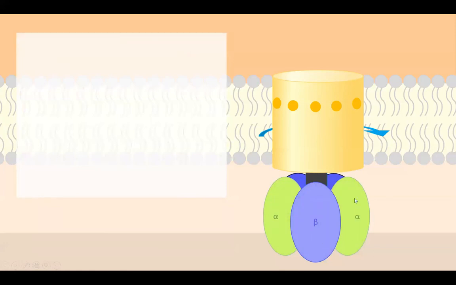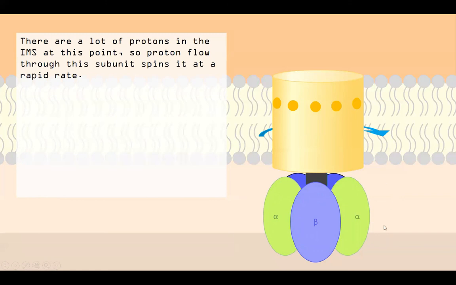Also, we call this the F1 subunit. This part is going to stick out into the matrix. So as we're spinning from the top subunit here, our F1 subunit sticking out into the matrix is going to cause part of this bottom subunit to spin as well. This sort of internal ring in here will start to spin inside this larger complex.